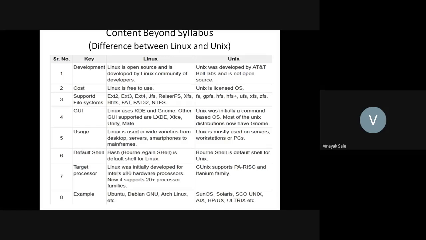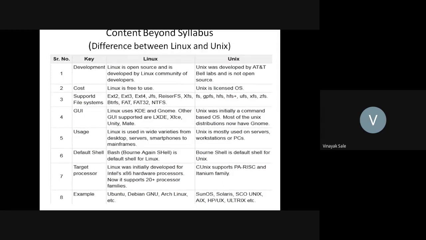Then, content beyond the syllabus: the difference between Unix and Linux operating systems. In terms of development, Linux is open source and is developed by the Linux community of developers, whereas Unix was developed by AT&T Bell Laboratories and is not open source.